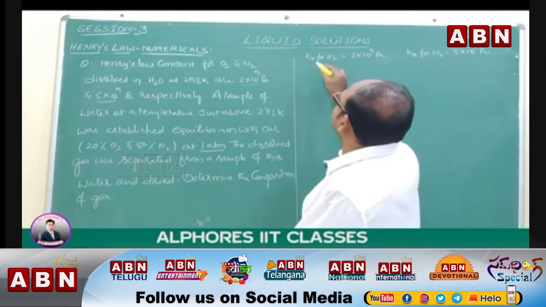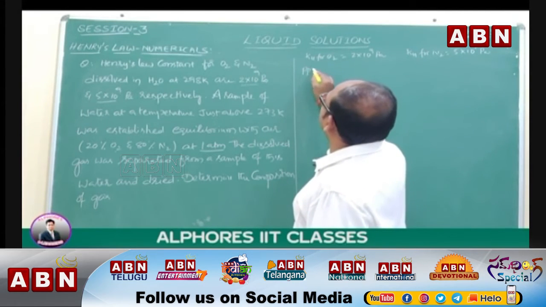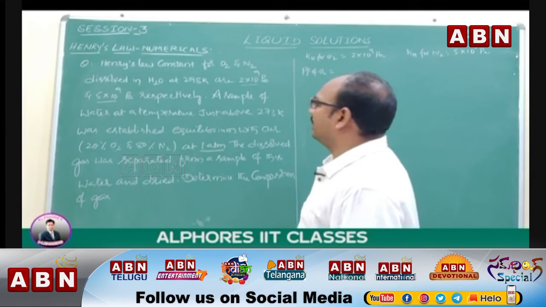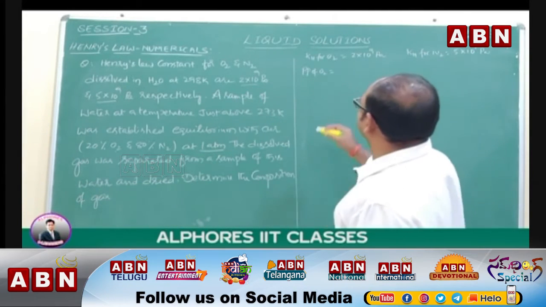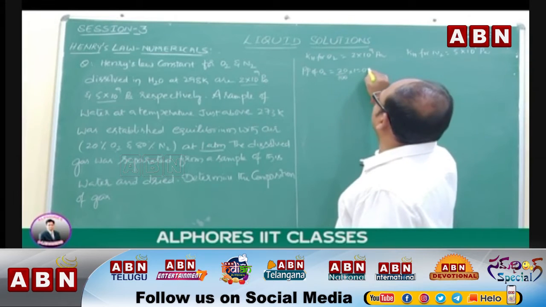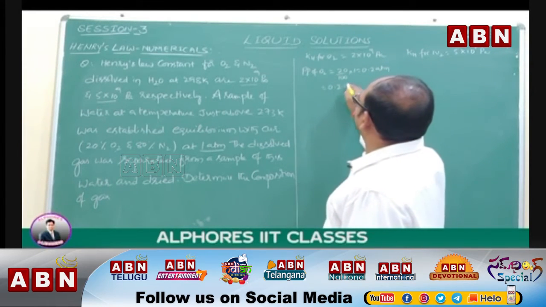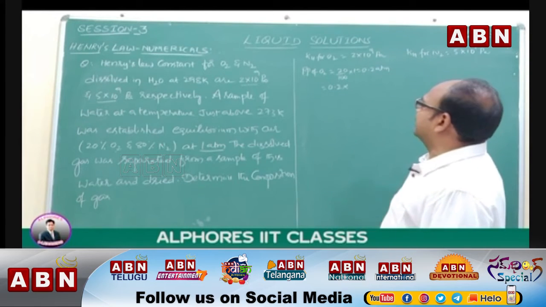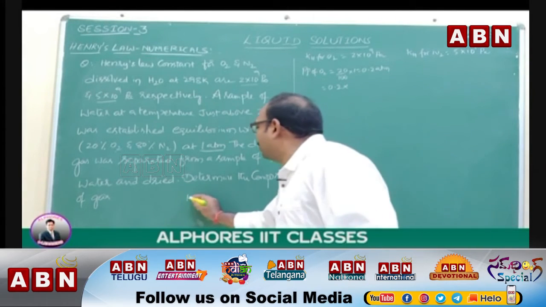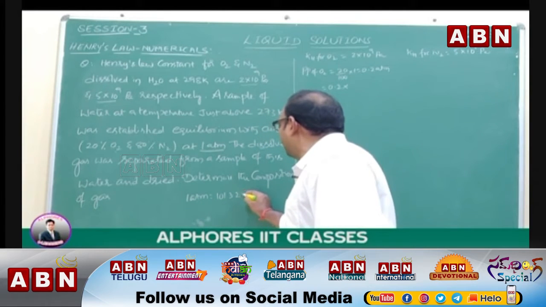We want partial pressure of oxygen, which is equal to total pressure 1 atmosphere, of which oxygen is 20%. So 20 by 100 into 1, that is equal to 0.2 atmosphere. So 0.2 atmosphere we need to convert into Pascal, as we know that 1 atmosphere is equal to 101.325 Pascal.